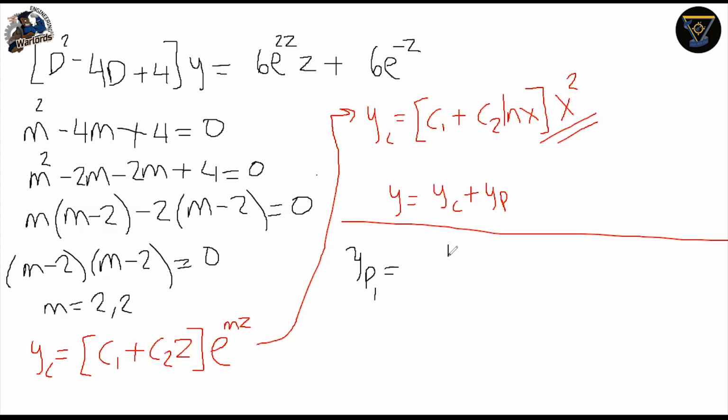Remember, it's 1 over whatever we have here for D. So this is D squared minus 4D plus 4, and then we're going to apply it to 6e to the 2z times z, multiplied by z, right?